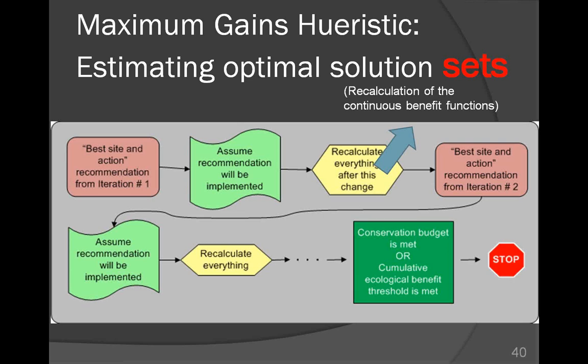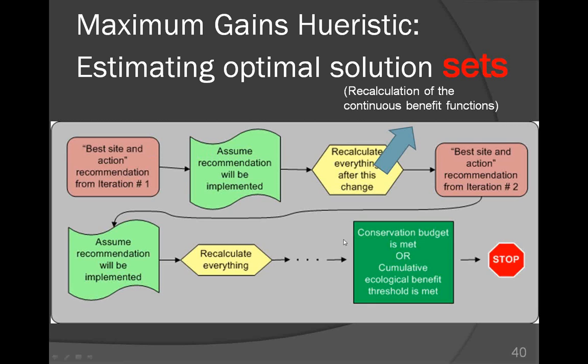So it could be the highest conservation value based on all of your parameters, the actual best site, and it says, okay, let's go ahead and conserve that site. Now, once we conserve that site, how does the landscape change? It recalculates everything, identifies the next best site, and says, okay, let's conserve that one. It goes through until either you've met your budget or until you've met a different threshold that you've set. And that's how you create your solution set.